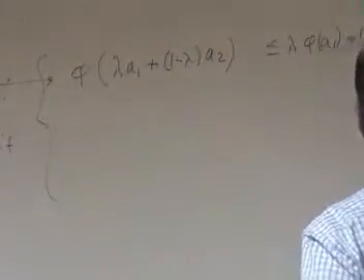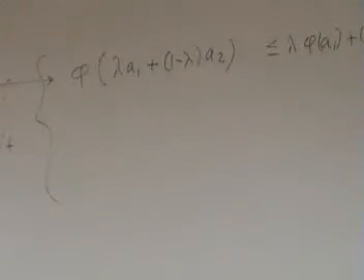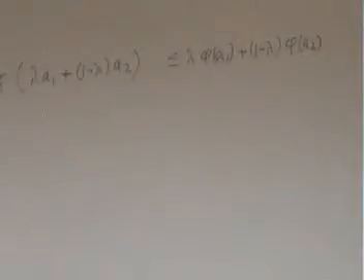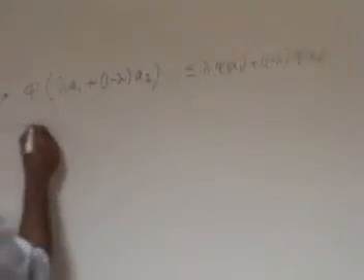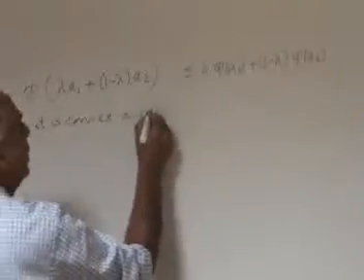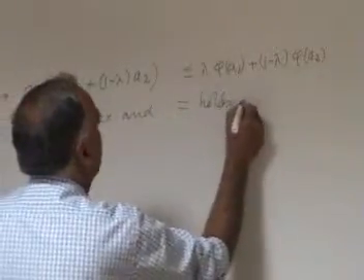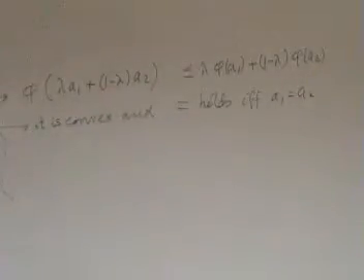Of course, a1, a2 belong to I, and lambda is between 0 and 1. In the convex combination, the total sum must be 1, lambda 1 and lambda 2. So one of them is lambda, the other one must be 1 minus lambda. And I will say it is strictly convex if it is convex and equality holds if and only if a1 equals a2.